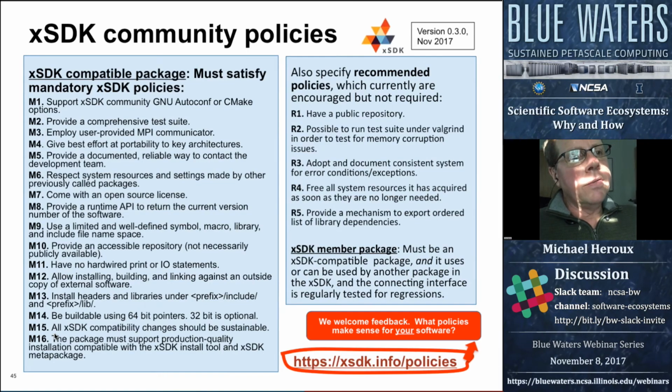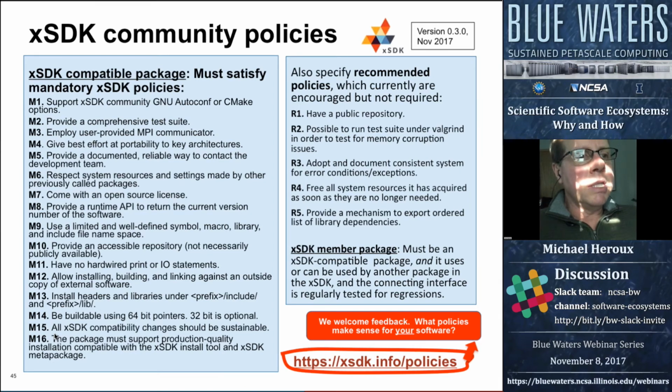An important part of any kind of reusable ecosystem is a set of expectations. What is it that it takes to become part of this community? And I think one of the most valuable outcomes from the xSDK effort has been a set of community policies. You can look at these, and if you've done a fair bit of scientific software programming, you know that these things are reasonable expectations.